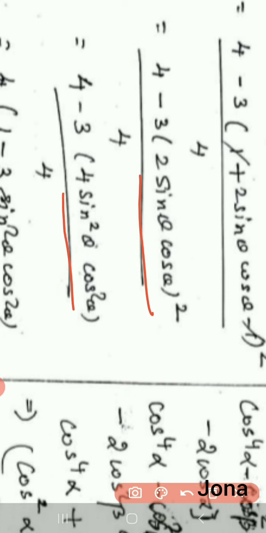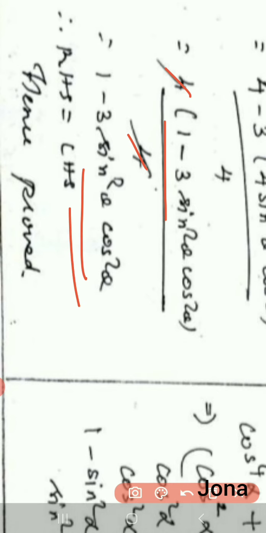Now let me take the bracket here. 4 will be the common here. So take 4 outside there so that the equation will become 4 into 1 minus 3 into sin square cos square theta divided by 4. I can cancel 4 and 4 here so that the leftover value is 1 minus 3 sin square theta cos square theta. Okay, the next problem.